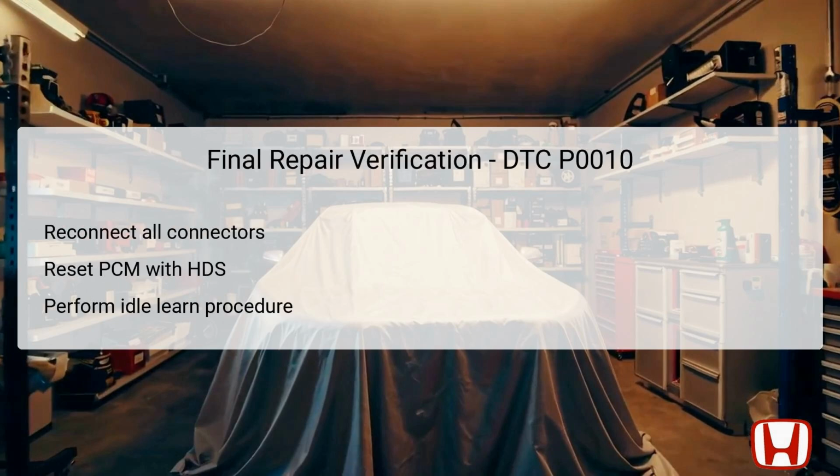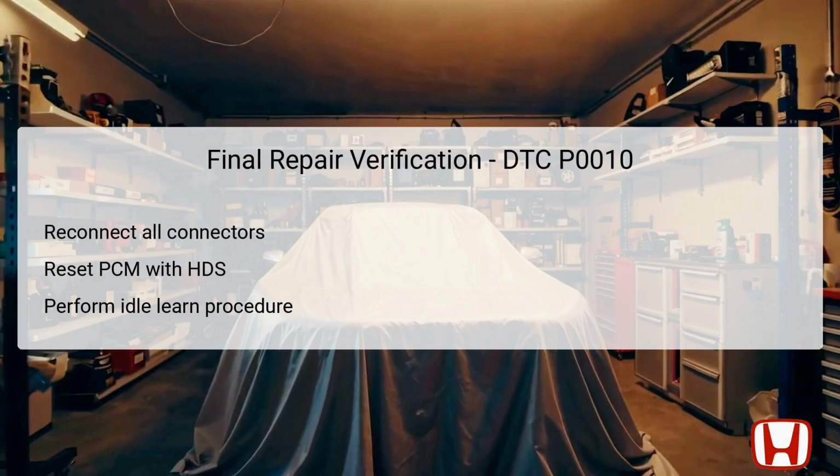After completing all necessary repairs associated with DTC P0010, it's crucial to perform a final verification to confirm that the issue has been resolved. Start by turning the ignition switch to the lock position and reconnecting all previously disconnected connectors.